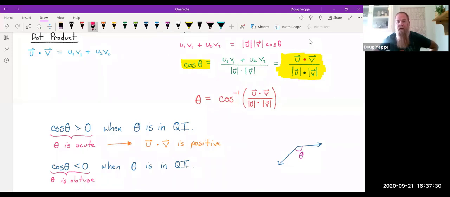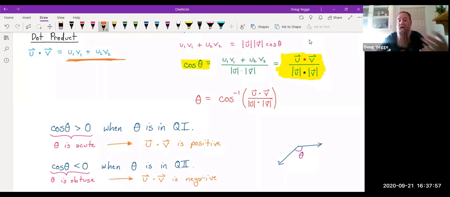But we also know that the magnitudes are always positive. So the only way for this quantity to ever be negative is if the numerator is negative. So in other words, I know that when the dot product is negative, then the angle between them will be obtuse. So again, just by calculating this very simple dot product, we're going to be able to already understand whether or not the angle between the vectors is obtuse or acute.